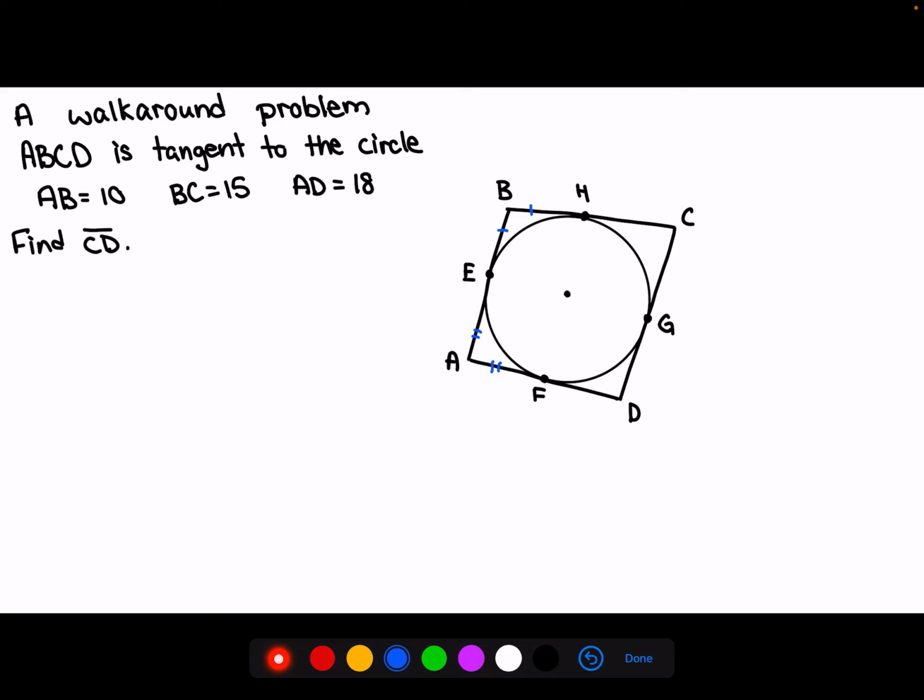So BE is congruent to BH, AE is congruent to AF, DF is congruent to DG, and CG is congruent to HC. So we have all this congruency going around because these are tangent lines and they share common endpoints, A, B, C, and D. Now, next up, I'm going to go ahead and mark up each part of my triangle as 10, 15, and 18.